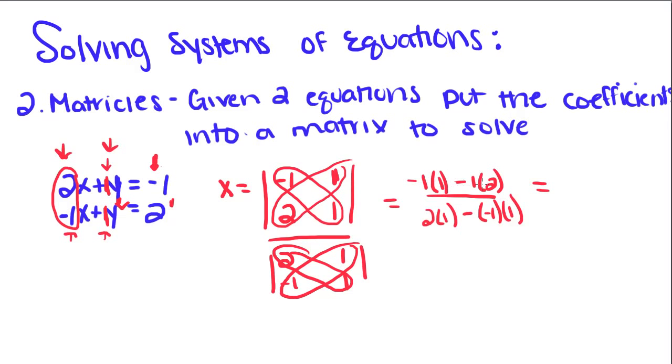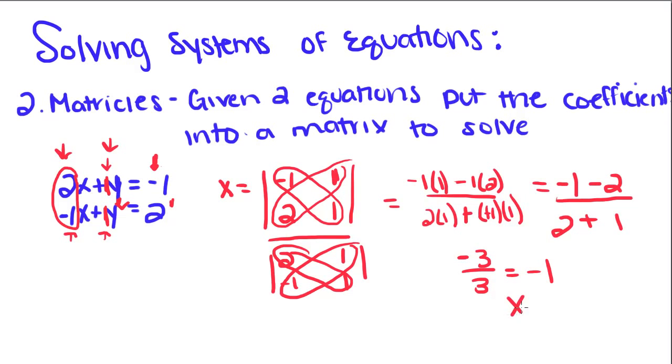So negative 1 times 1 is negative 1, minus 1 times 2 is 2, over 2 times 1 is 2, and then negative 1 times 1 is negative 1, so it's going to be plus positive 1 on the bottom. So if you add negative 1 and negative 2, you get negative 3 over 3, so you get negative 1 for x.